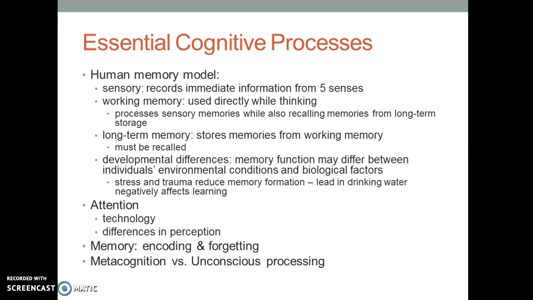Oftentimes people in car accidents don't remember or have a clear memory, or have very different versions of what happened in that. Not only because of personal bias and interest, but also because when something traumatic happens, there's a release of adrenaline, and that can shut down our memory retention areas. And so those sort of things can greatly affect whether or not we remember things, as well as biological factors.